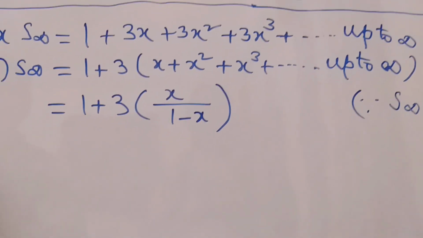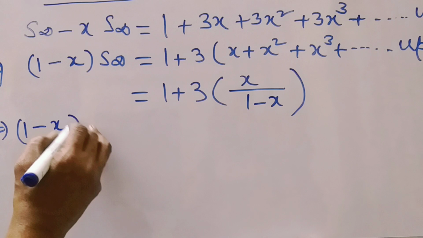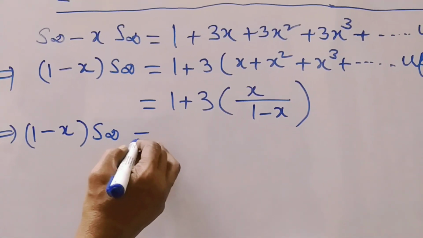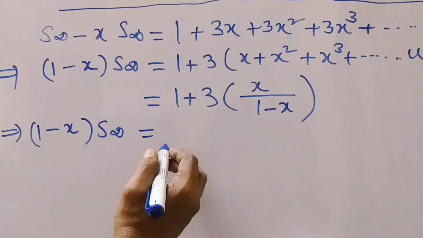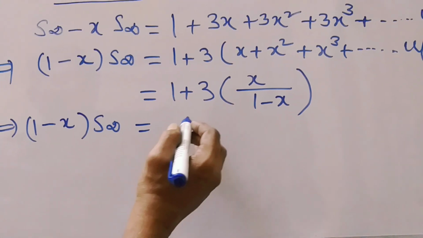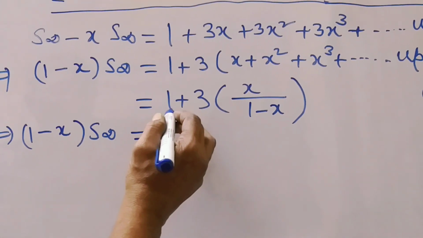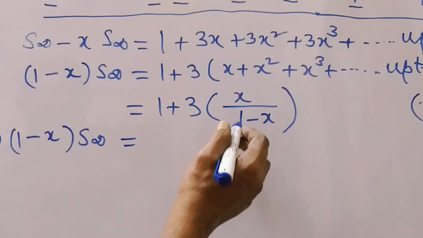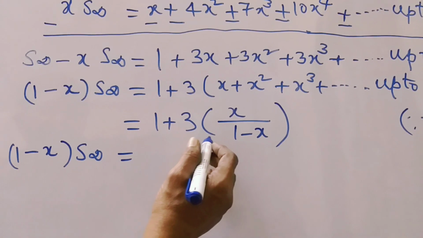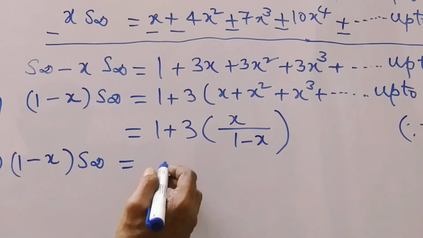So 1 minus x into S infinity is equal to, taking the LCM, 1 by 1 and here 3 into x by 1 minus x. The LCM of these two is 1 minus x.